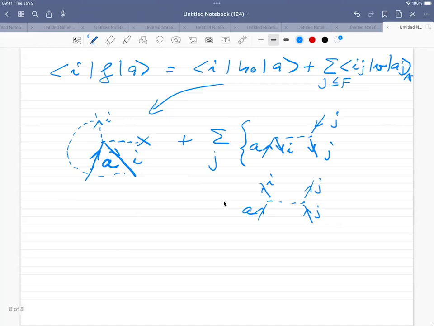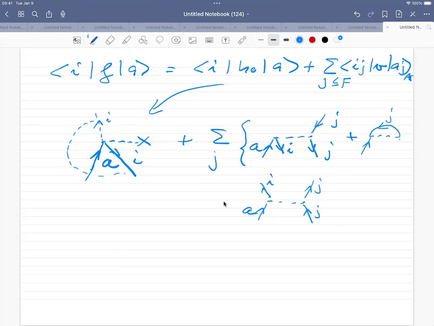Then the next term is now given by this diagram, which we wrote like this. So we have the state J, and then we have the state A, which comes in here. And then we have the state I, which then, what did I do now? Yeah, this is the exchange term. So the state I is a state now which leaves.